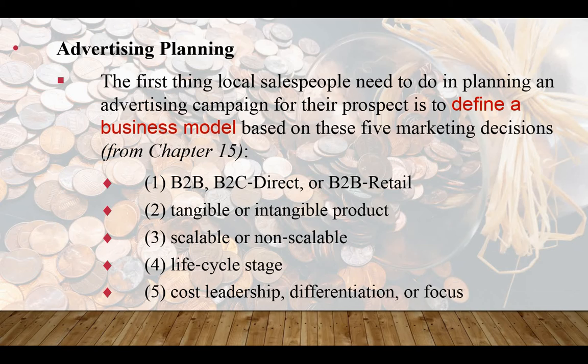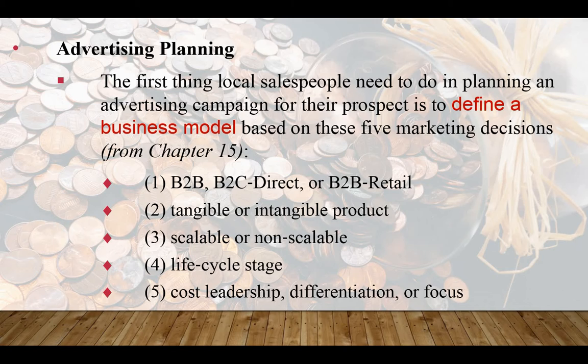The first thing that local salespeople need to do in planning an advertising campaign for their prospect is to define a business model based on the 5 marketing decisions from chapter 15. So determining what type of business they are, whether they sell to other businesses or they sell to consumers, and do they sell to consumers directly or via retail outlets? Are they selling a tangible or an intangible product? Are they selling something that's scalable or not scalable?